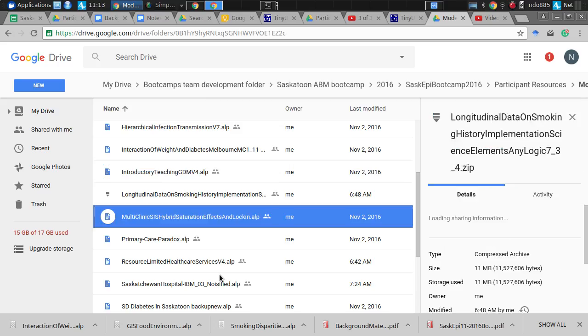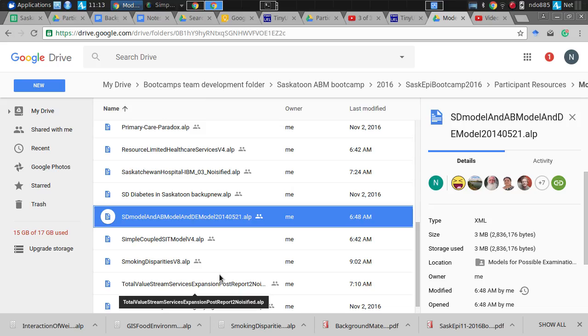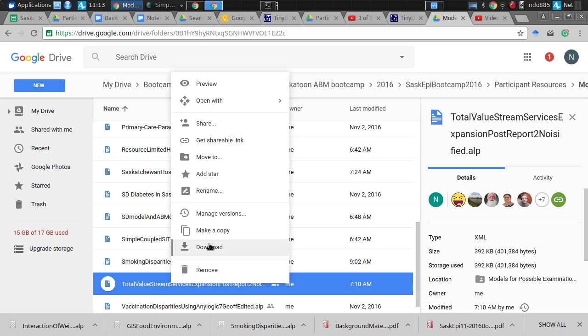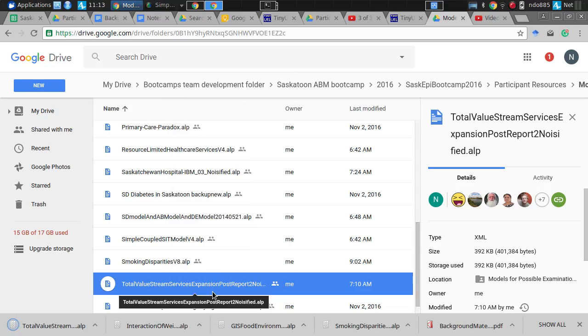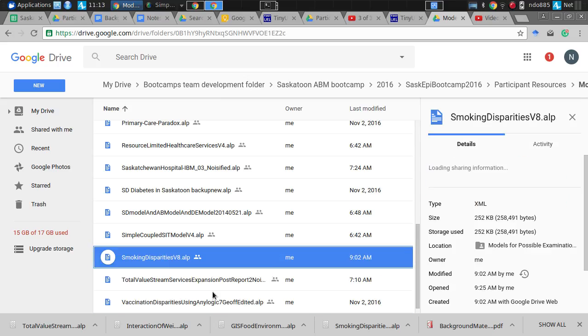I would like you to download additionally one that is called Total Value Stream Services Expansion. It's down there just below smoking disparities. Okay. We're going to be using that as an illustration of some health services work.